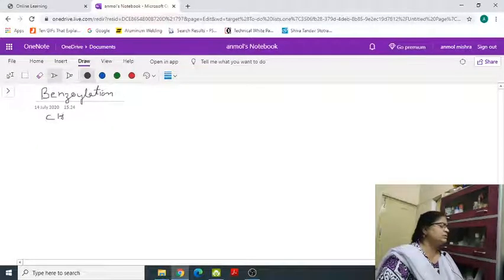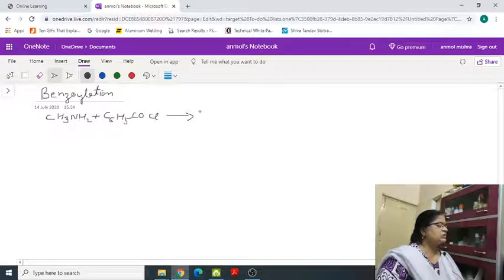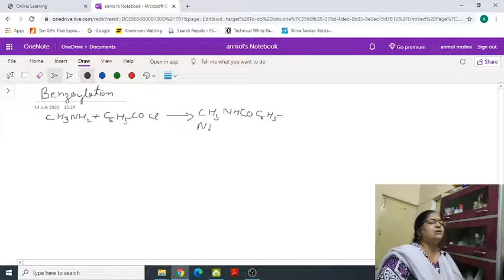For example, methylamine reacts with benzoyl chloride. It forms CH3NHCOC6H5. So it will be N-methyl benzamide.